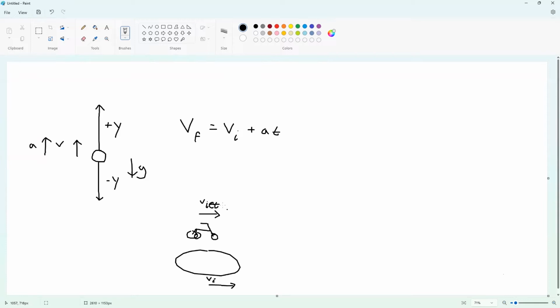If I am not accelerating, my velocity will stay the same. But if I am accelerating, after some amount of time, my velocity will be greater. So this final velocity will be greater than this initial velocity, given I am accelerating. And that's what this formula means.